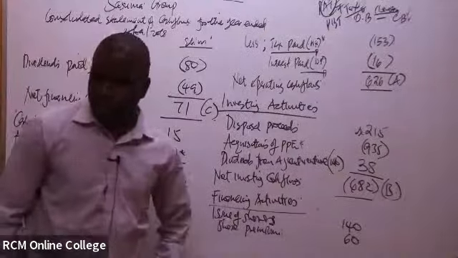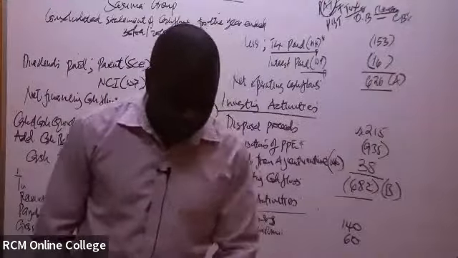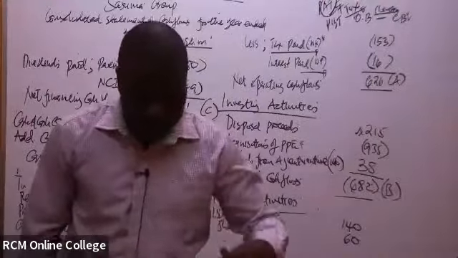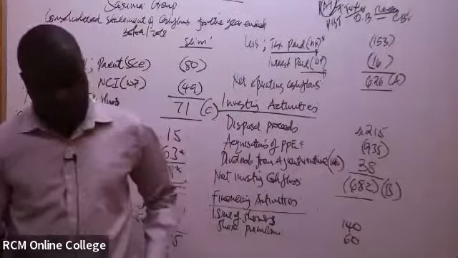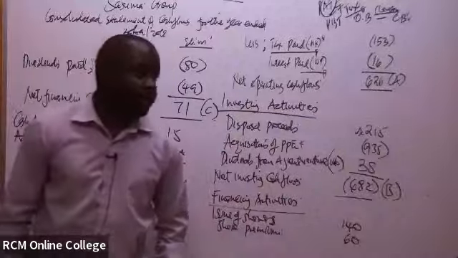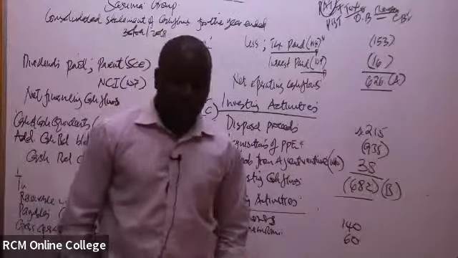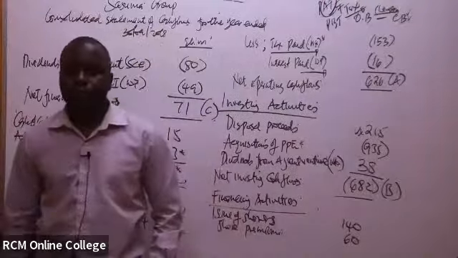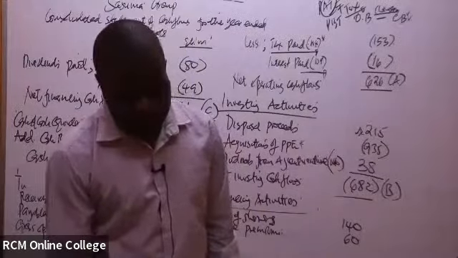I can see Omondi says he didn't see how we got 49. So I think 49 is in our NCI account. We prepared the NCI account whereby we credited the opening balance, we debited the closing balance, we looked at the income statement, what were the profits attributable to NCI, which was 25, which we credited.